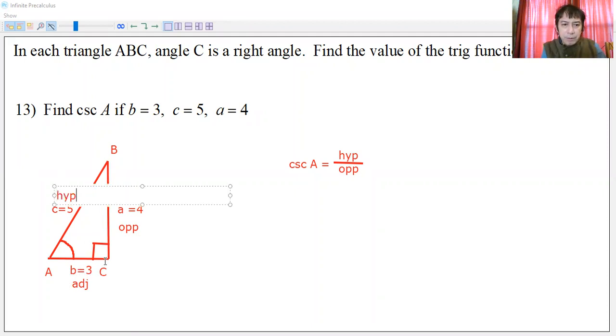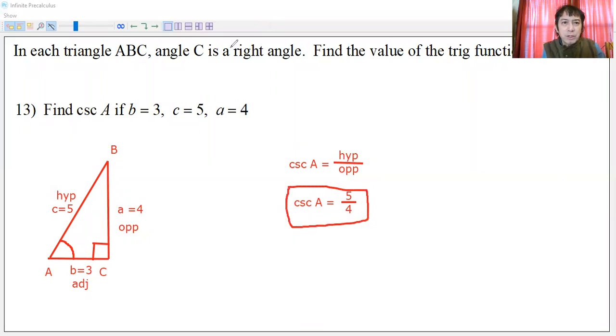All right, so we have the names of the sides based on angle A. We can now get the numbers from our triangle. Our hypotenuse is 5, and this will be divided by the opposite side, and that's 4. So this is now our required answer, 5/4. This is it.